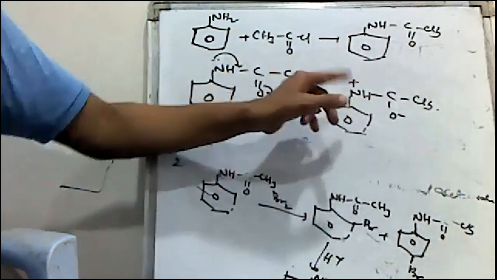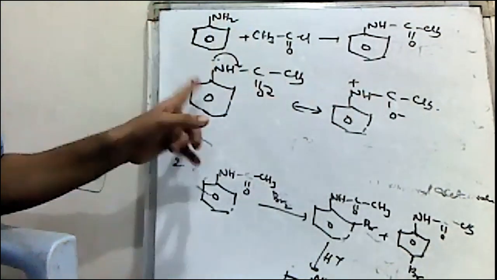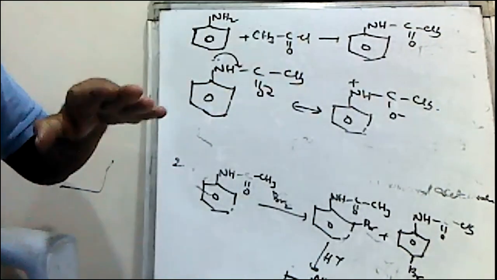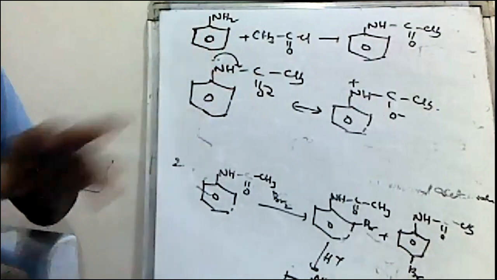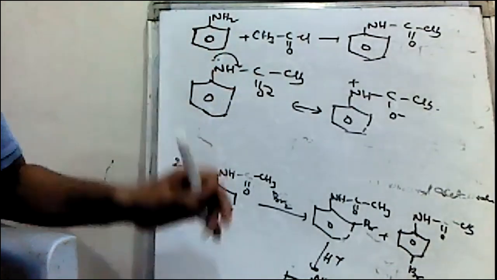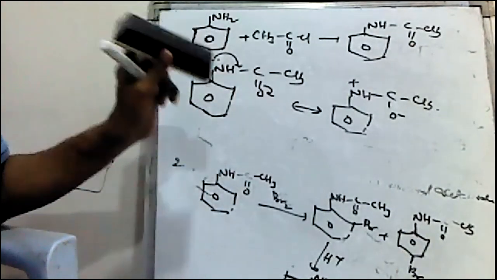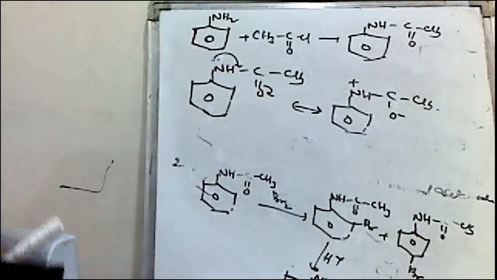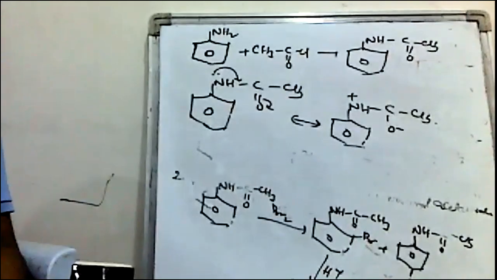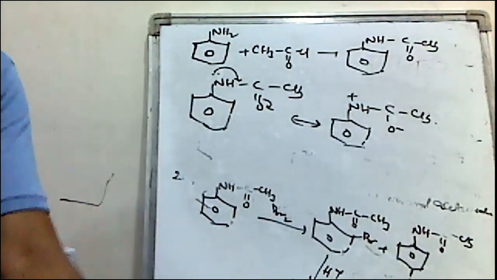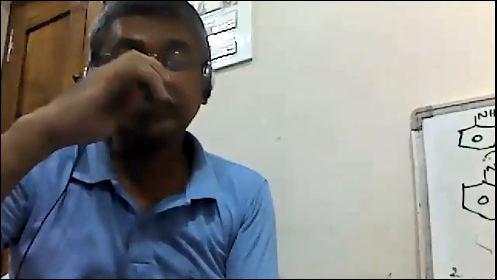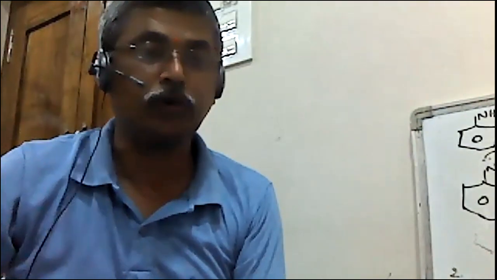Hence the availability of the lone pair decreases, and the ring activating effect is decreased. So it forms the ortho-bromo derivative and para-bromo derivative, which on further hydrolysis give ortho-bromoaniline and para-bromoaniline. So these are the reactions of aniline which involve the benzene ring.